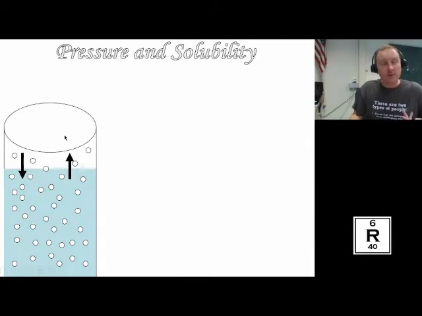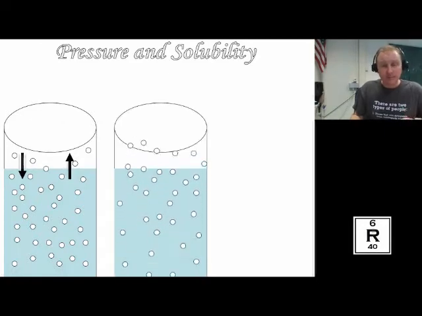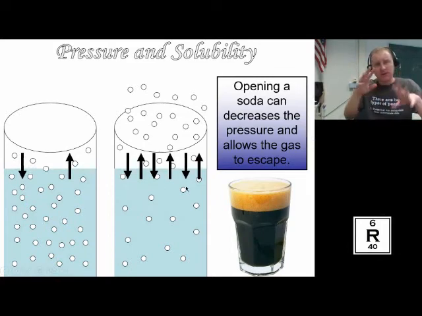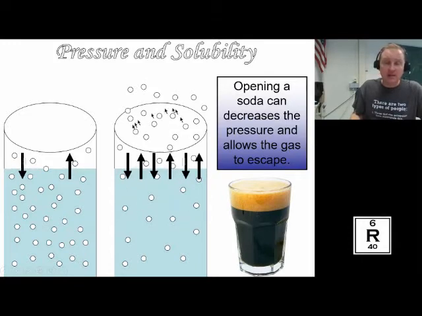But when you open up the container, it relieves the pressure and a lot of the gas leaves, and you start to see these bubbles forming constantly in your soda or soda water, because there's less pressure up here, there's going to be less solubility in here. So with less pressure, less solubility, and these bubbles will start to go out. It's not an instant situation, it's a slow process.